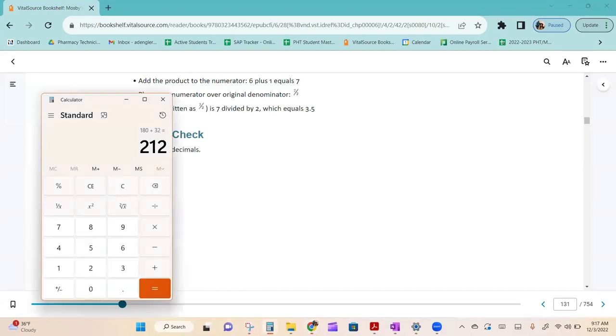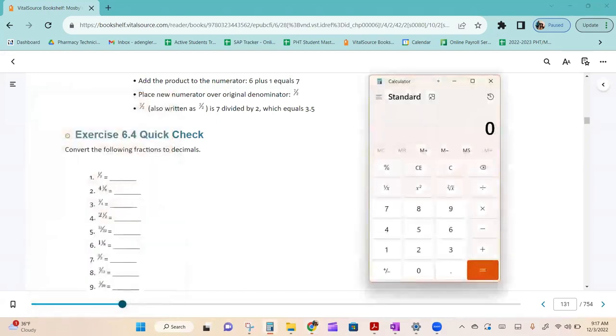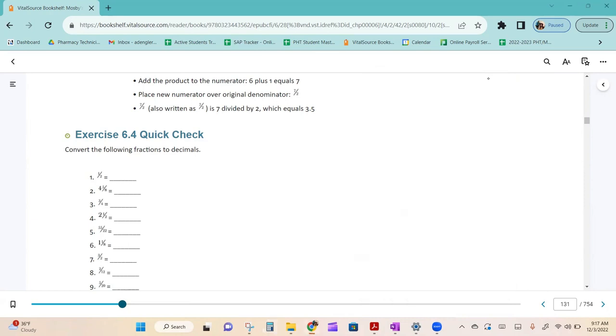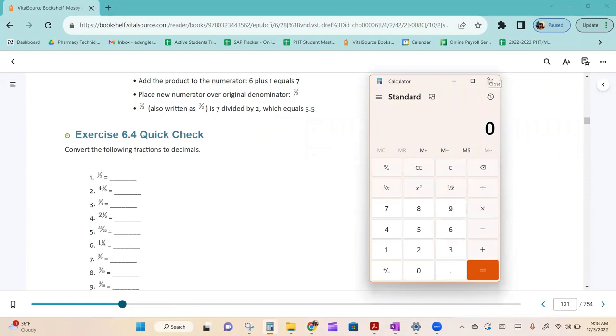So what they did was they just did 1 divided by 2, and that's how they got 0.5. Let's do the 3/4. So all you would do is take the top number and divide it by the bottom number. And we get 0.75.